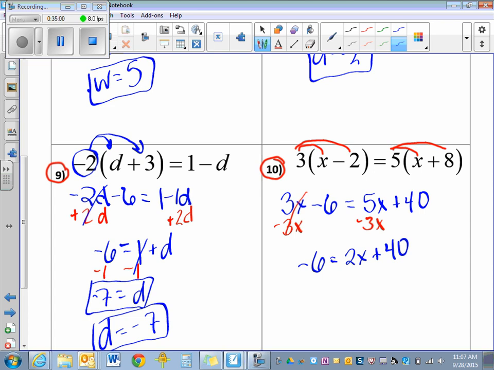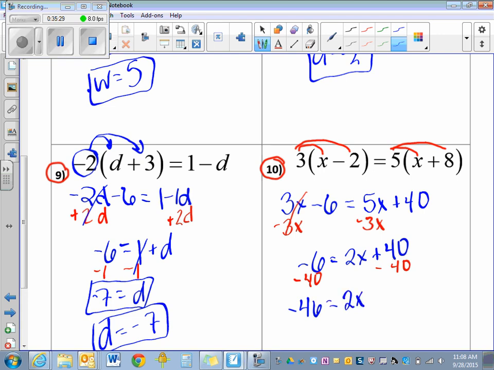Now you might think to yourself, well, let's add my 6 so that it's a positive value, but then you end up having to subtract it over anyways, because we want to get the x by itself on one side. So I'm going to go ahead and subtract my 40, and we're going to end up with a negative number. It just happens. So negative 6 minus 40, negative 46, equals 2x.